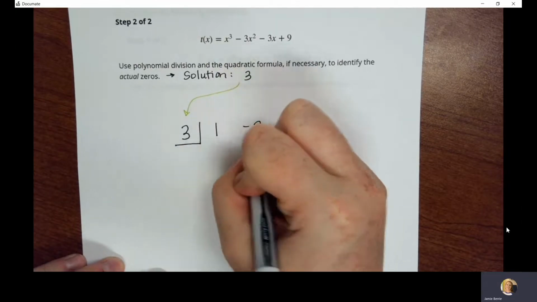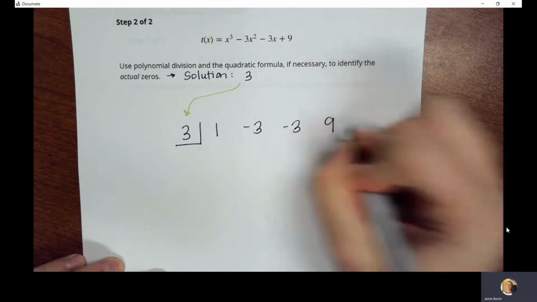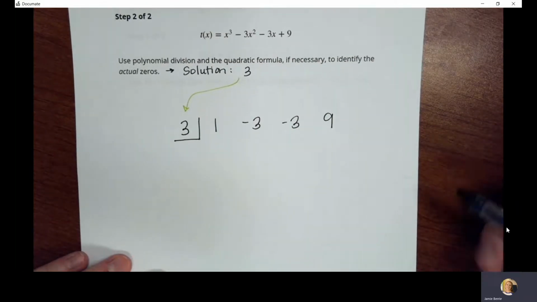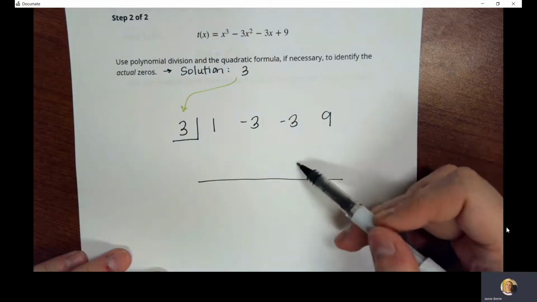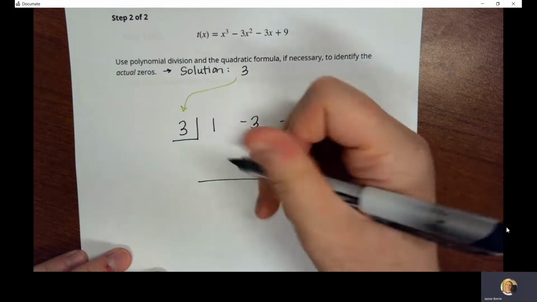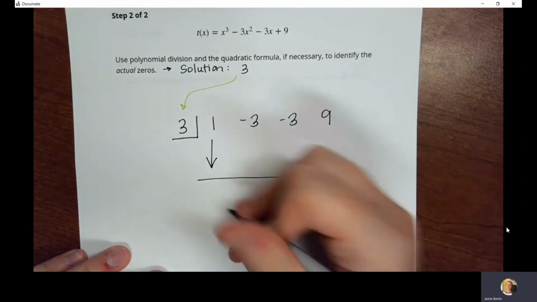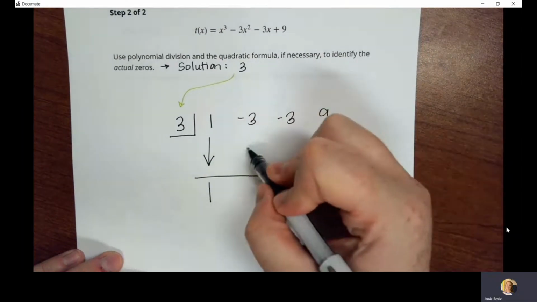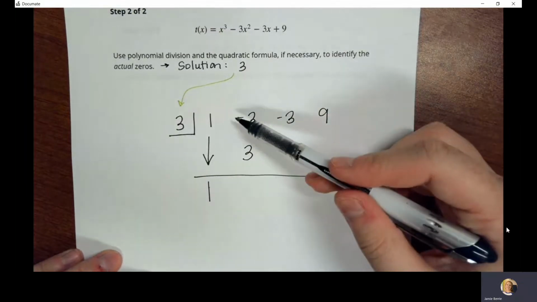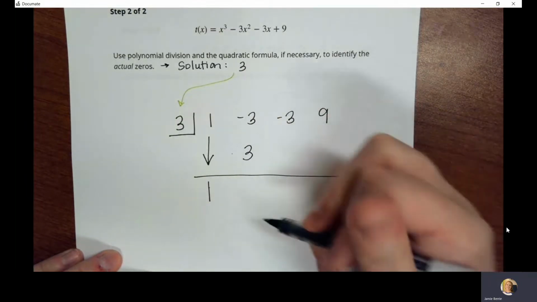The way synthetic division works, you always skip a line. So blank line, long straight line, drop down that first number. Now start multiplying. 3 times 1 is 3. Then add: -3 plus 3 is 0.